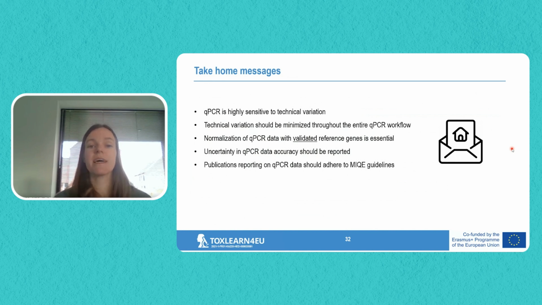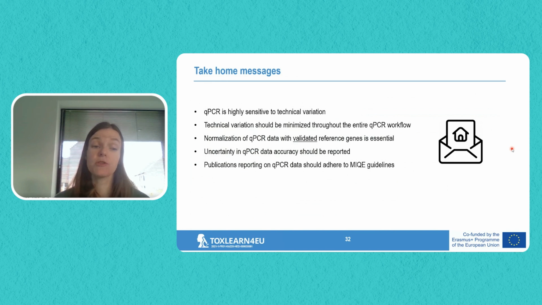So to conclude this lecture, I want to give you a few take-home messages. So as we saw today, qPCR is a very sensitive method, which is of course a nice thing because we can detect small differences in expression between samples, but this also means that it's highly sensitive to technical variation. So throughout the qPCR workflow, technical variation should be minimized.